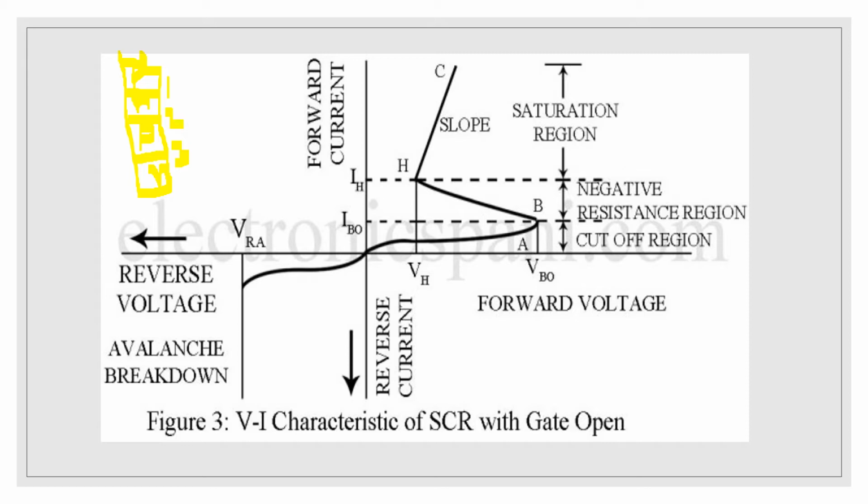If we increase the reverse voltage to a certain voltage, which is represented as VRA, avalanche breakdown of our device takes place, because a large reverse current will start flowing, which will heat up the device and damage it. So it is always required to keep the voltage at a lower reverse voltage to keep the device safe.